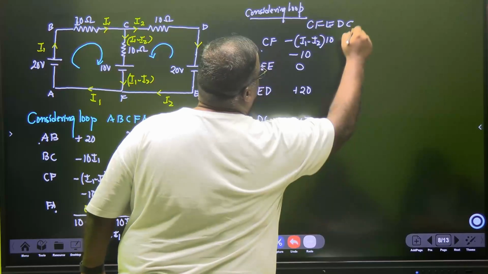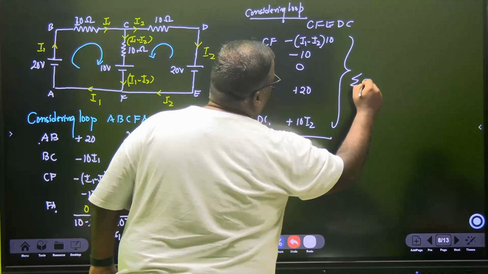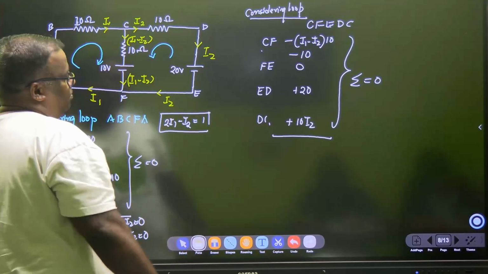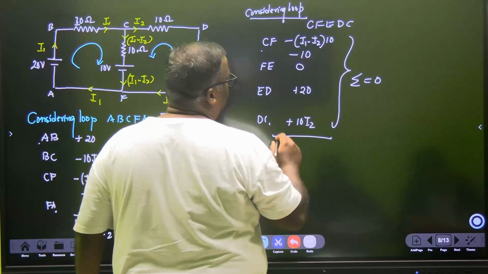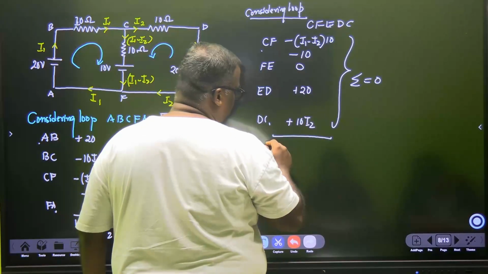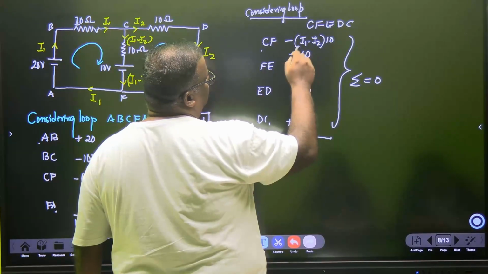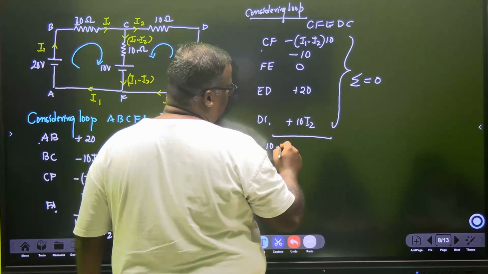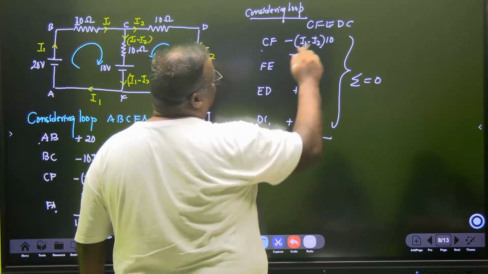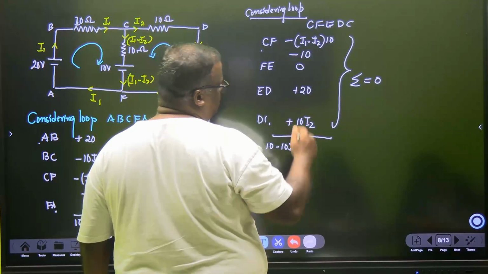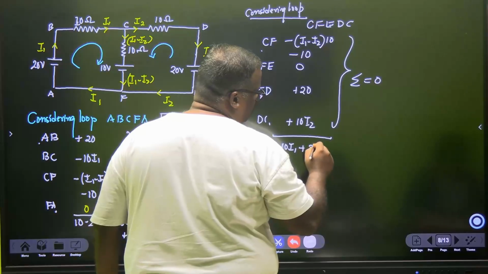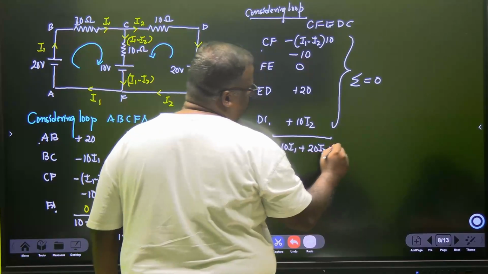And all these sigma should be equal to 0. So let's take it. Positive 20 and this gives me 10 minus I1. Sorry. So this is a minus 10 I1 plus 10 I2 plus 10 I2. So plus 20 I2 is equal to 0.